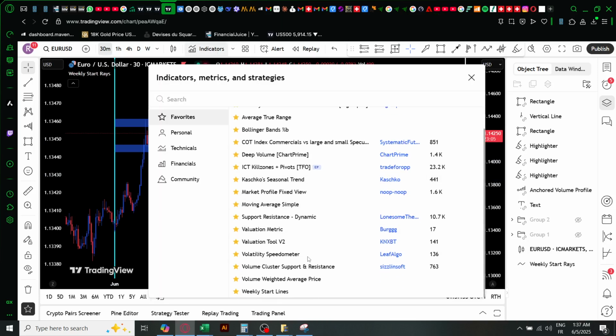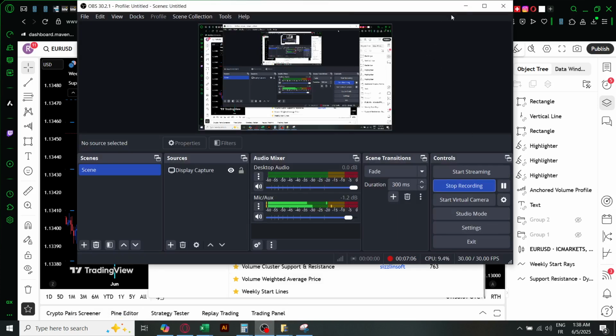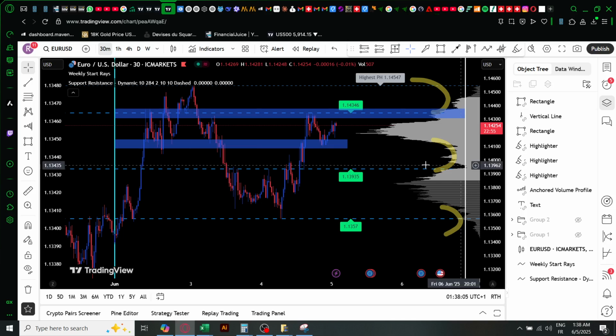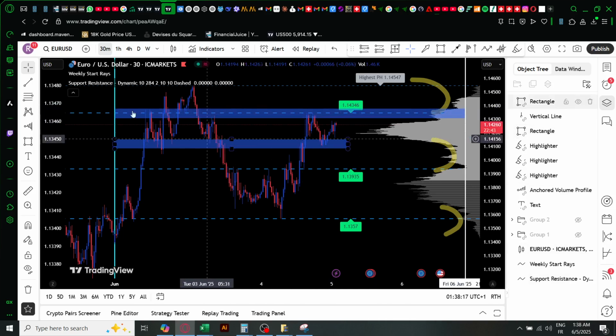If you can't use your eyes, there is an indicator over here called Support Resistance Dynamic by Lonesome. It can give us where the possible low nodes are. I want my levels to be closer to those lines.